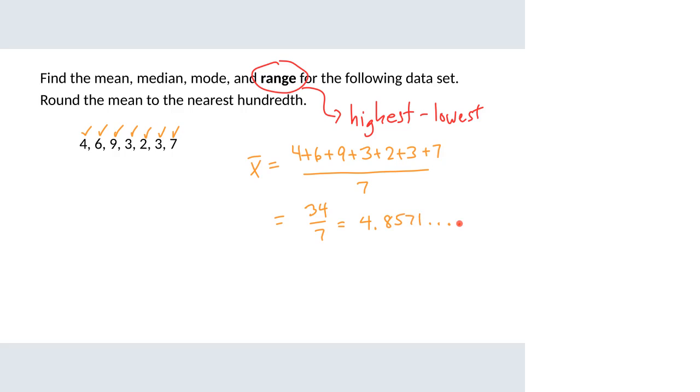But I was told, as far as the mean is concerned, to round that to the nearest hundredth. So we'll find the hundredths place. We'll look one space to the right. That's 5 or bigger, so we'll round this up to 4.86. And that's our mean. Let me know if you have any questions on that before we go on to finding the median, mode, and range.